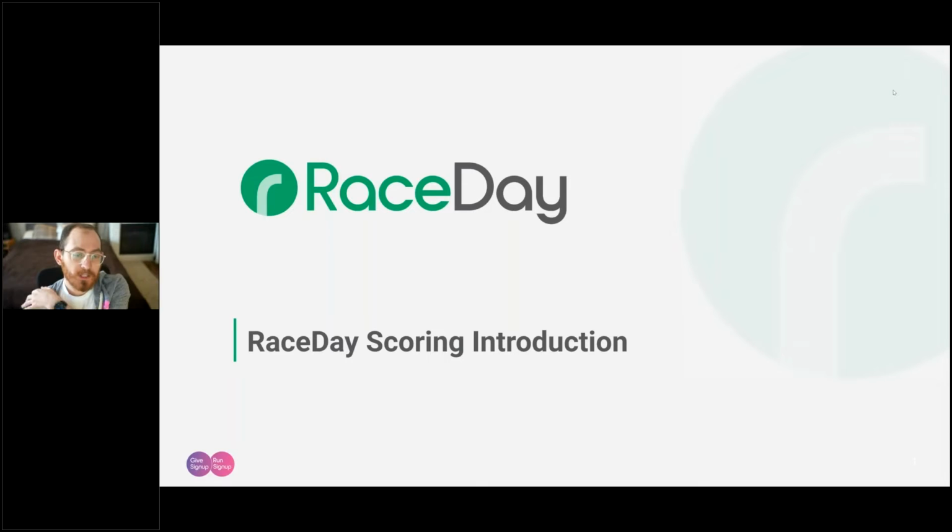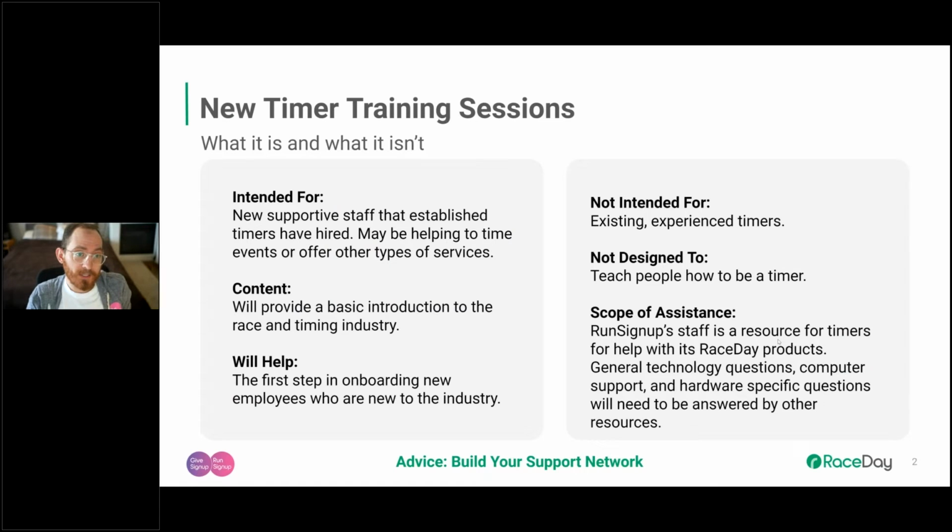So this first session is all about the software and the basics behind it, and what we're trying to do with the certification class. And so first thing, this training series, we really intended it to be something that we could give to timers, to give to their employees to train them on. So we're going to record this and make it available to anyone who would like to self-certify themselves in the future.